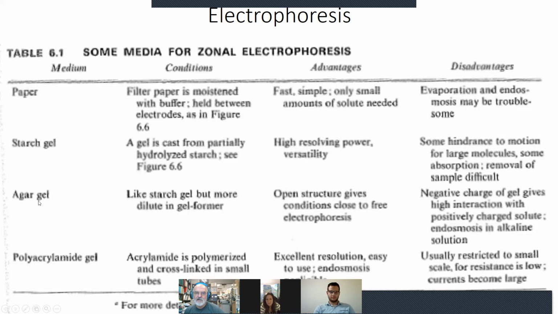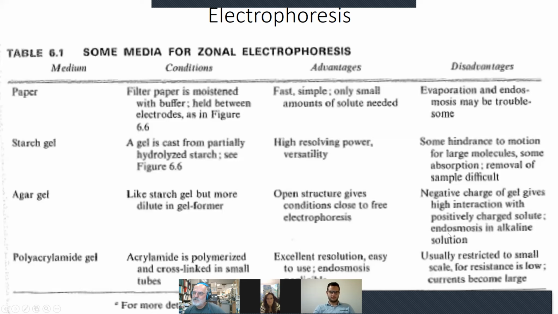Agarose gels or agar gels then also came online, although much after, I think, starch, and they tend to give more open pores, which made it similar to free electrophoresis that I described up above.